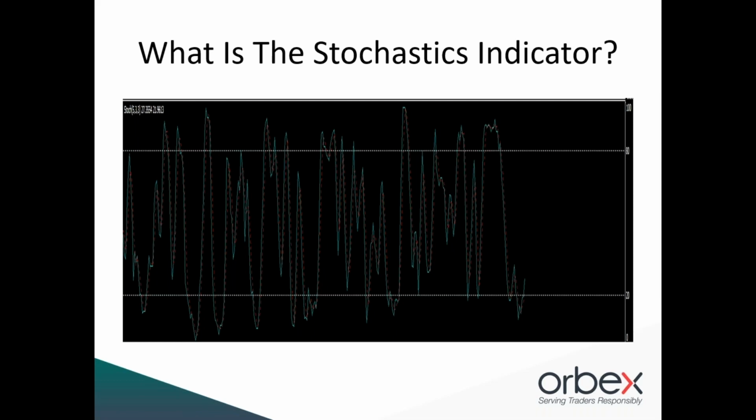Now, one thing that's important to highlight straight away is that the default settings are typically 5, 3, 3 on your MT4 platform, but as ever, you can customize these settings. It's worth spending some time playing around with the settings and looking at some different levels. But what you need to remember is that for the most part, where the settings aren't vastly different, there won't be too much change.